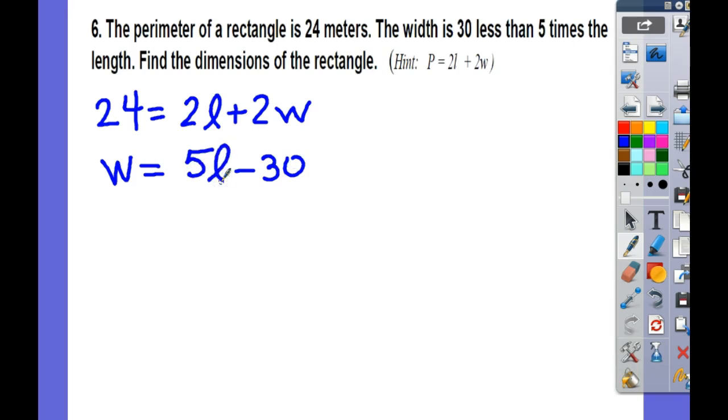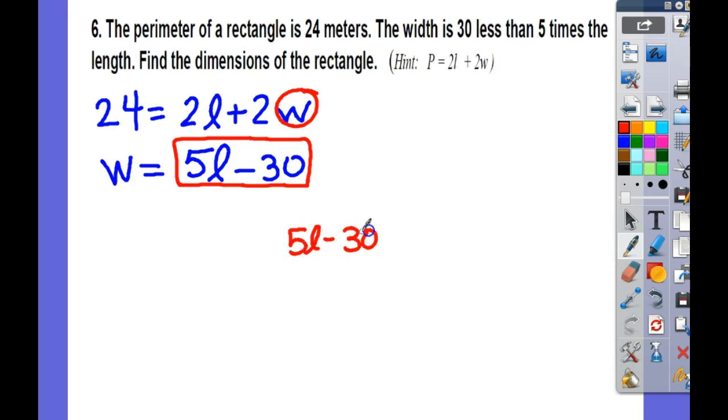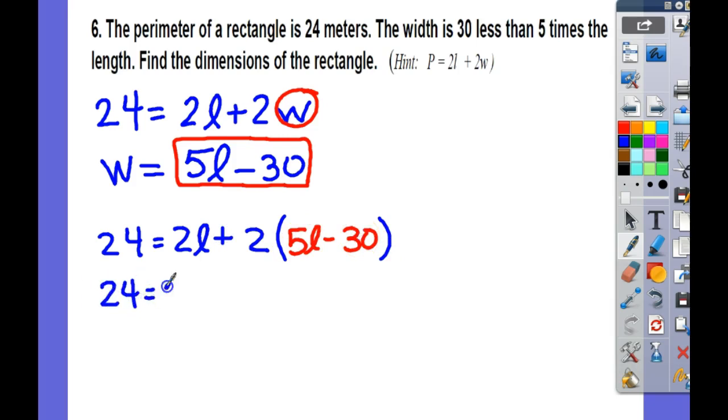The width is 30 less than 5 times the length. That's our second equation. So in place of this W, I'm going to substitute this part right here because that is equal to W. 5L minus 30 is going to go in place of the W, and so I am going to have 24 equals 2L plus 2, and this is substituted in place of W. So I am going to solve this by distributing minus 60.